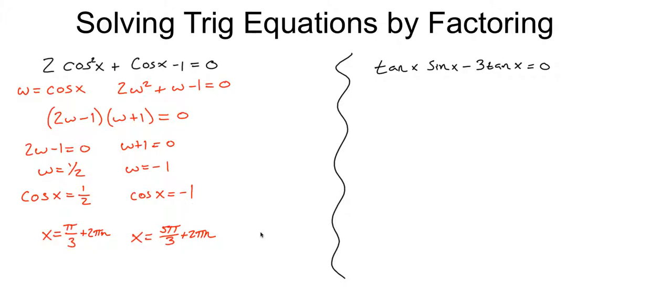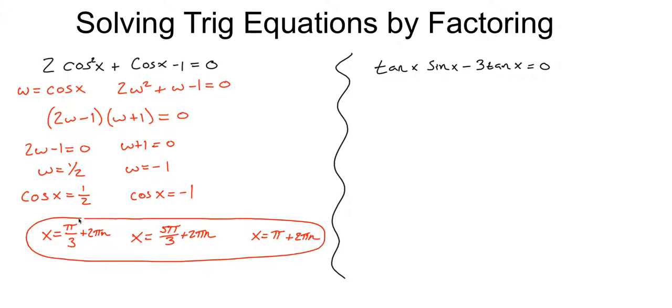That comes when x is equal to pi, and since again we have to account for all additional rotations, we add plus 2 pi n. So if we wanted all possible values of x that satisfy the equation 2 cosine squared x plus cosine x minus 1 equals 0, it's going to be anything covered by any of these three solutions.